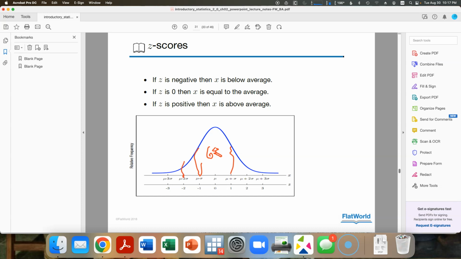If we expand it out to two standard deviations, that's going to cover 95% of the observations.